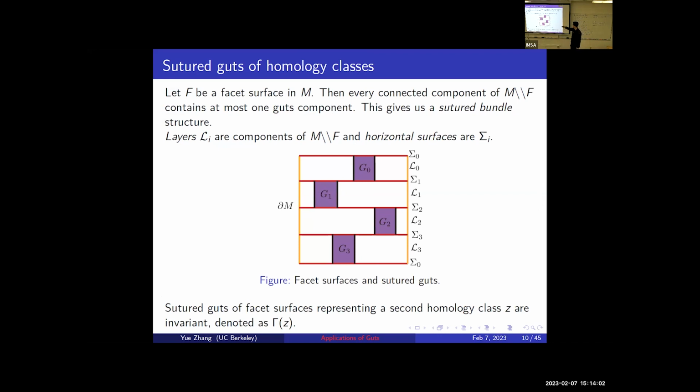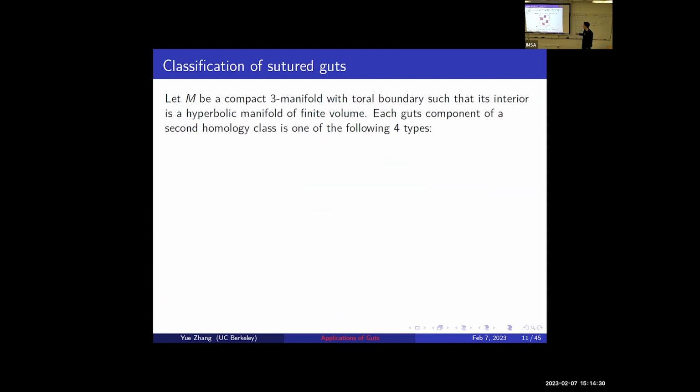And you cut along these surfaces and do a further JSJ decomposition. So you have a gut for each level. And this is how I imagine the sutured guts in my head. And by the theorem that Ian stated, the guts are invariant no matter how you choose the surfaces.